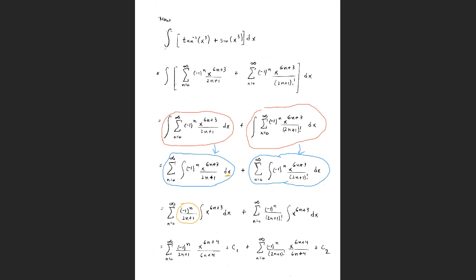And for the second power series, the -1 over 2n plus 1 factorial can be brought out in front of the integral. Let me just circle everything here. And you've seen this kind of thing in section 8.6 last Thursday.